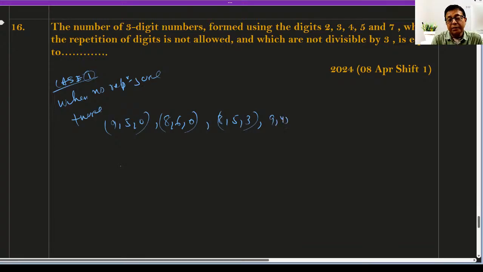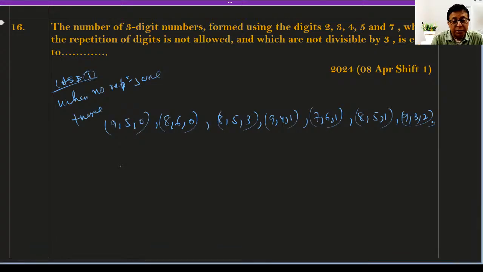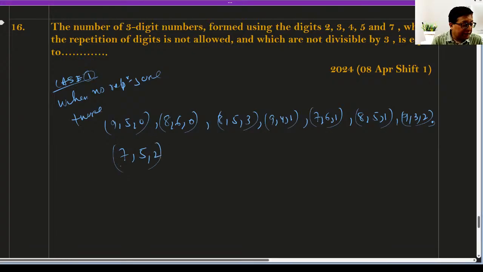Then 941, 761, 851, 932, 752. Sum will be 14. 842, 743, and no other.